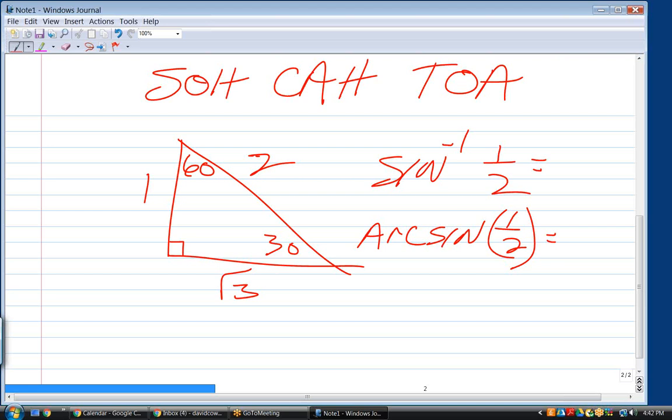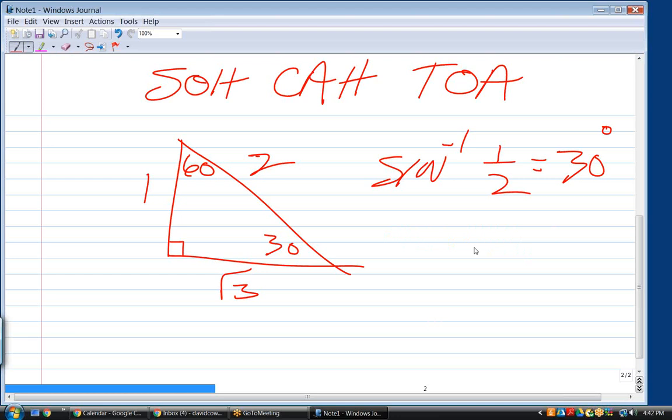You take inverse sines of ratios to get angles. If you want to find the angle where the sine of that angle is equal to 1/2, well, clearly that's going to be 30 degrees. This is an if and only if.